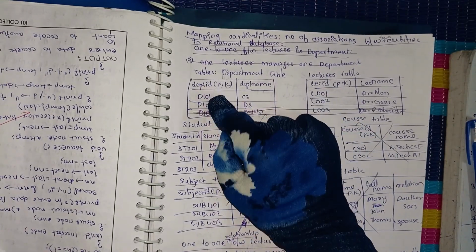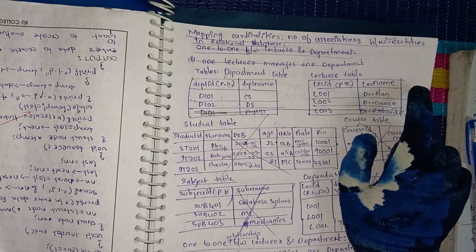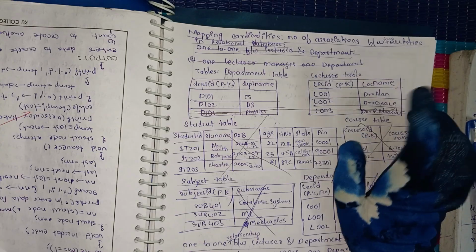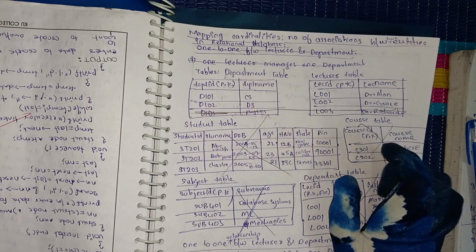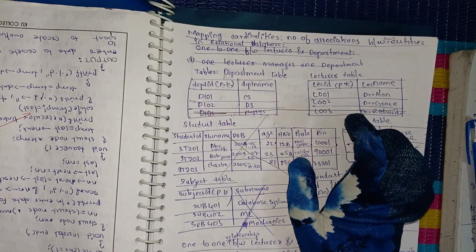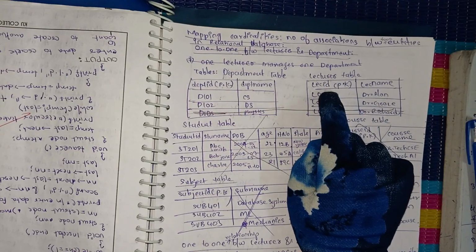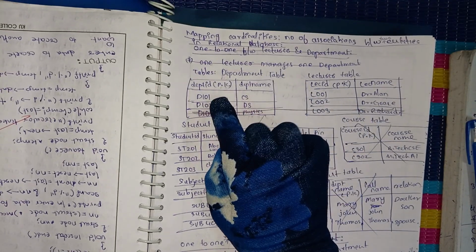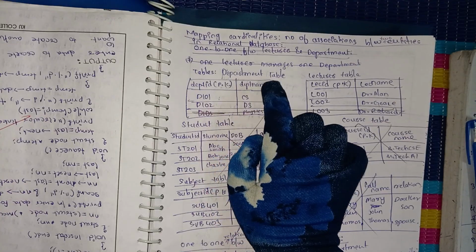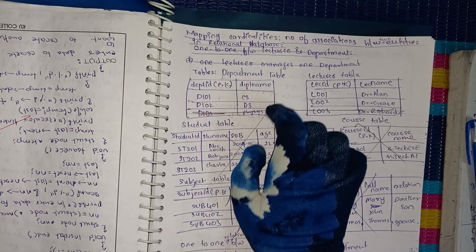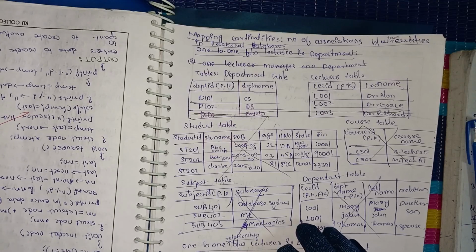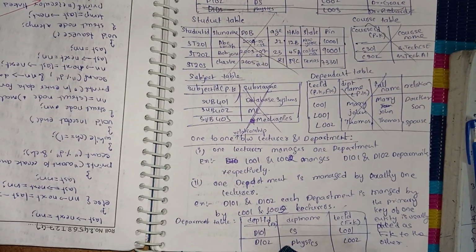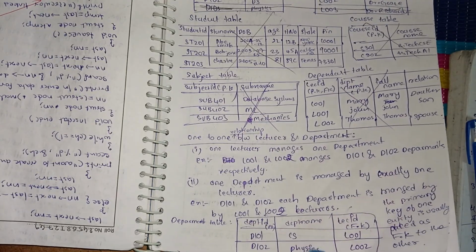We can put the primary key of the department table in the lecturer table as a foreign key to get the output table. And we can also put the primary key of the lecturer table in the department table as a foreign key. Here we have applied the second method. So we can apply either method.